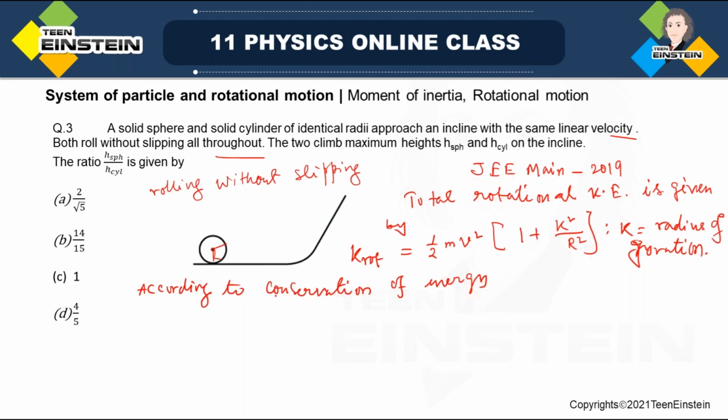So the kinetic energy it has will be used up to reach the highest point, as it is climbing up, the kinetic energy is getting converted into potential energy mgh. So if the maximum height is small h, then the whole kinetic energy will be converted into potential energy. That's why I can write this from conservation of energy.